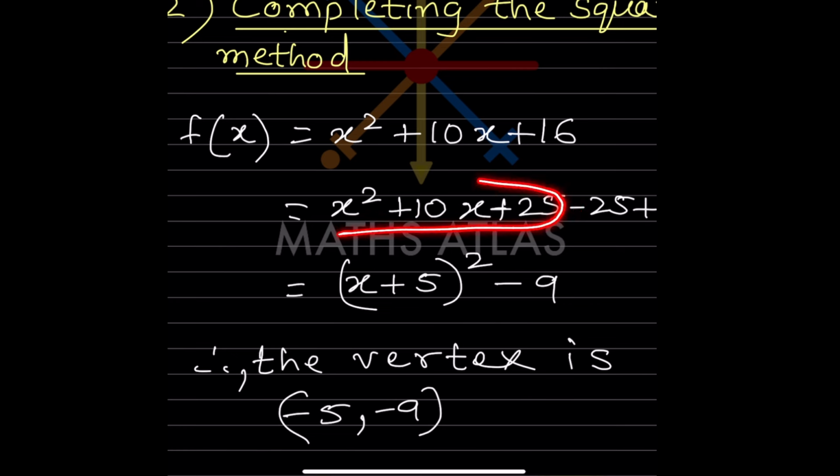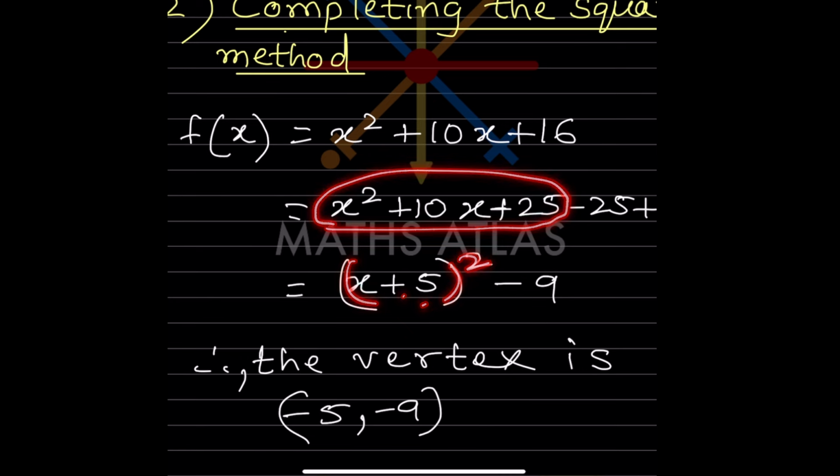Now what will you do? Can you see this is also now a quadratic expression here. This is x, and when you take the square root of x square, that is going to be x, and the square root of 25 is going to be 5. So x plus 5 whole bracket square you can write for this.